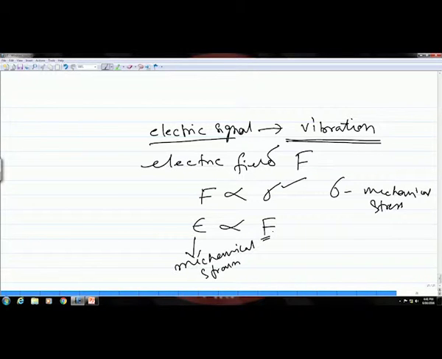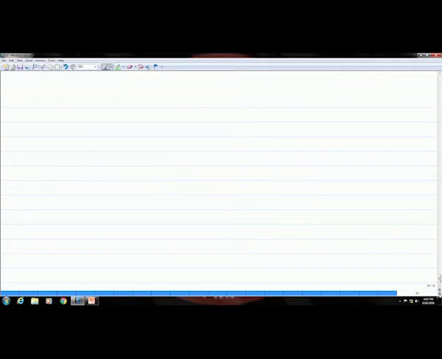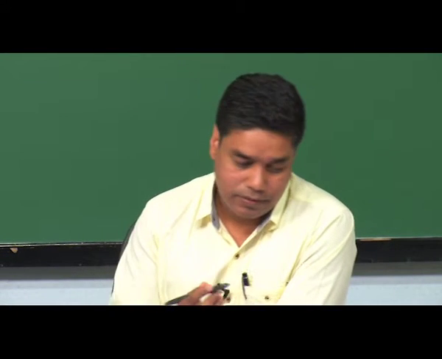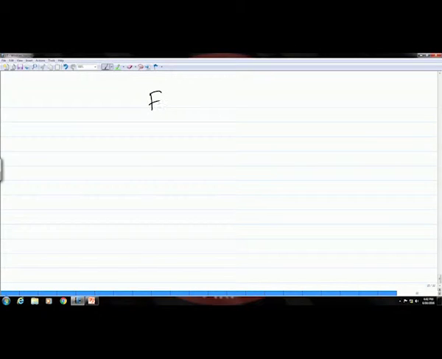So, either way, an electrical signal can be converted into mechanical vibrations and vice versa. Let us write these equations once again by introducing these proportionality constants, alpha and beta. This kind of transducer, wherein you convert an electrical signal into mechanical vibrations, is known as an electroacoustic transducer.